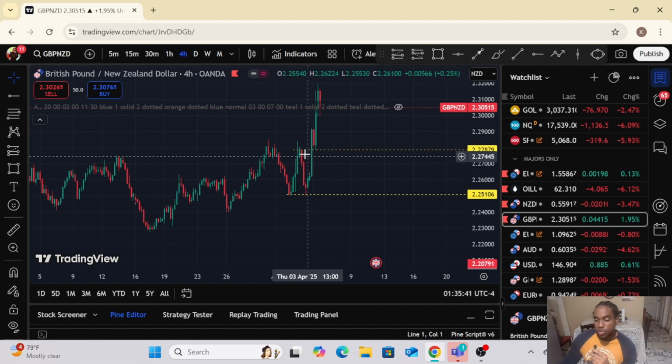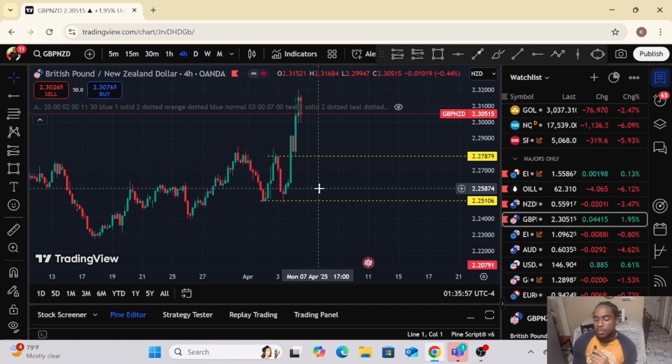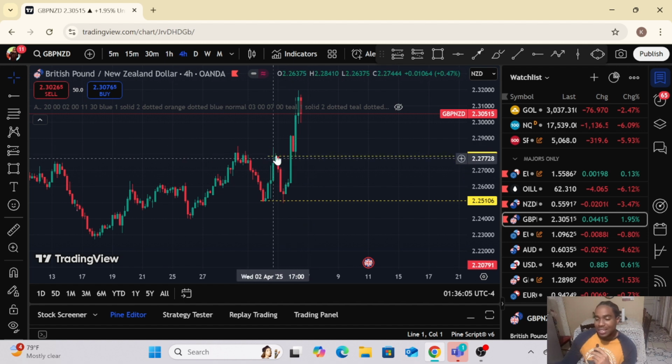So this push down that swept this low, we want to see price close above the high that caused this push to the downside. And price did. Oftentimes, all you would really need to get a continuation to the upside is to see price come back into this high or into this zone right here, which it did.